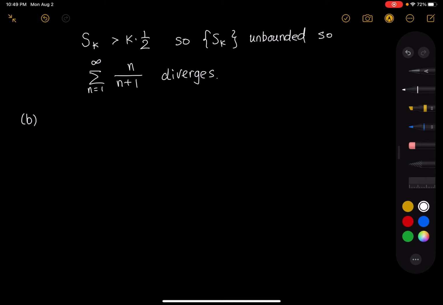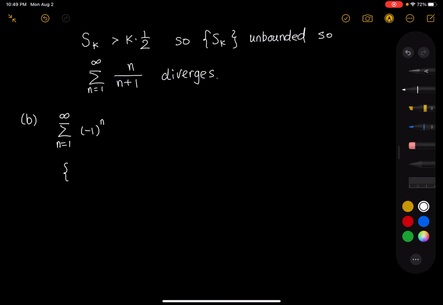What we have is a series, n from 1 to infinity, -1 to the nth power. So we have to write the sequence of partial sums.